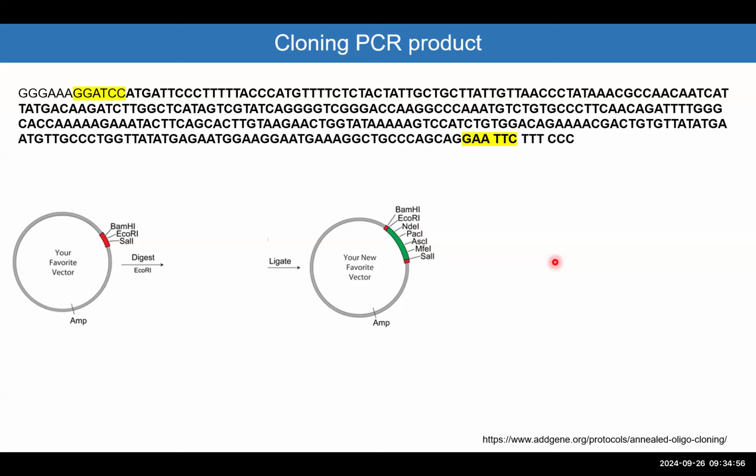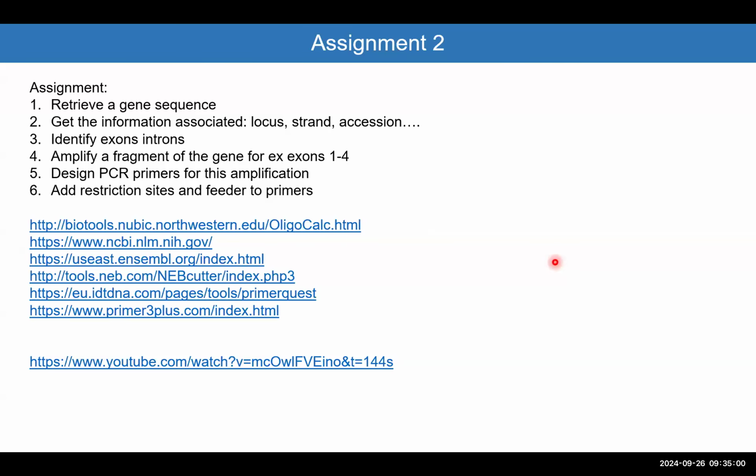Now, for the assignment, it's going to be a very simple question. I would like you to retrieve a gene sequence. I will give you which gene that is. I want to know where this gene is. I want to know if it's on the positive or negative strand. I want to know the accession.